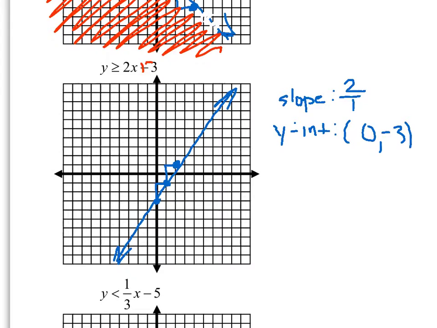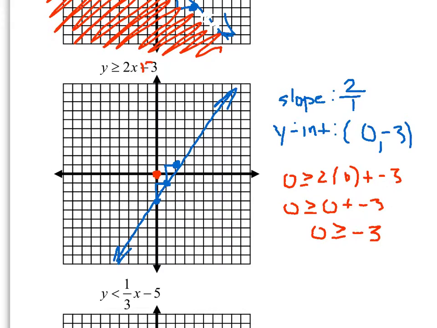Okay, now I need to pick a point to help determine which side I should be shading. What point do you think I'm going to choose? 0, 0, because I can. It's not on the line. 0 is the best number ever. 0 is greater than or equal to 0 plus negative 3. 0 is greater than or equal to negative 3.